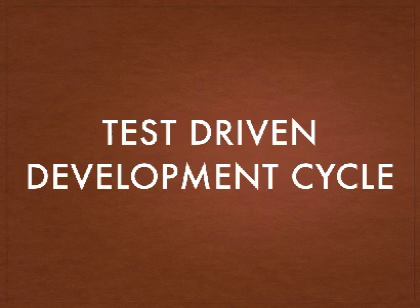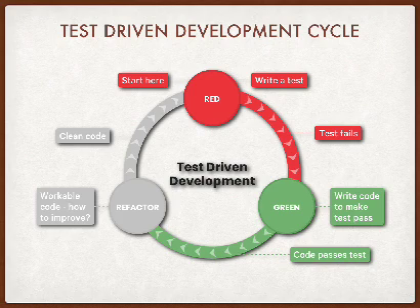A test driven development cycle forms the basis of agile methodology, where you start by writing a test. You do not start coding, you start by writing a test. Imagine for an attendance software, marking of attendance is one feature that is required, viewing of attendance is the second feature that is required.